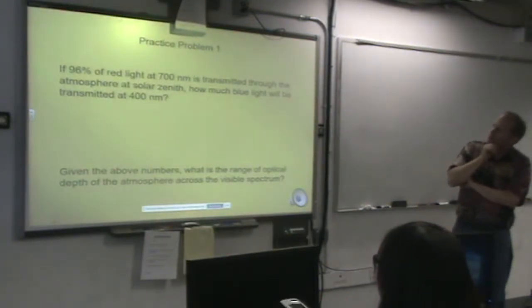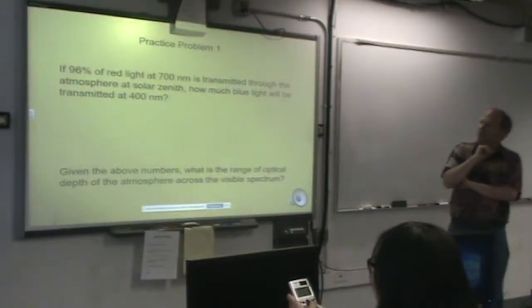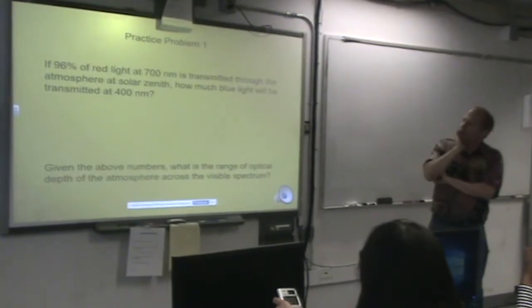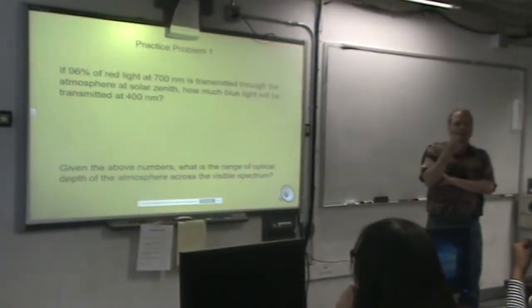So, I could just leave you here to stew over it a little bit, but let me at least get you started. 70%? Not that easy. 54? But if we're talking about transmission, what other variable do we need to think about? Optical depth.